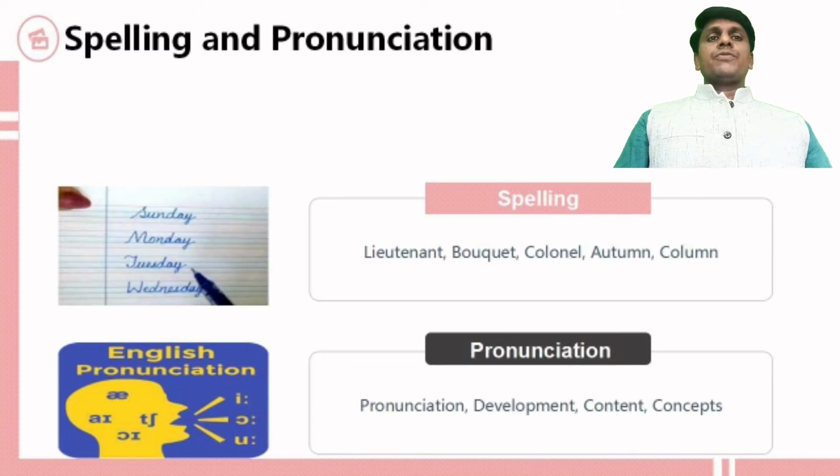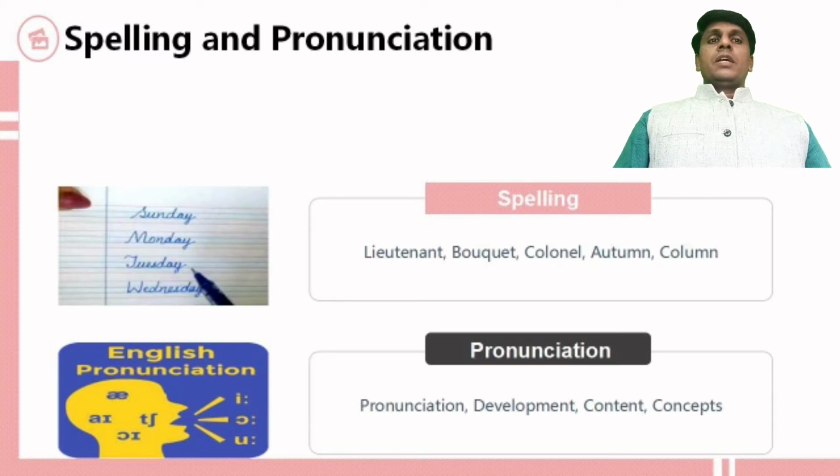We cannot fully use all the words. For example, whatever words I remember, can I use all these words in my communication in both forms? The answer is no, I cannot.